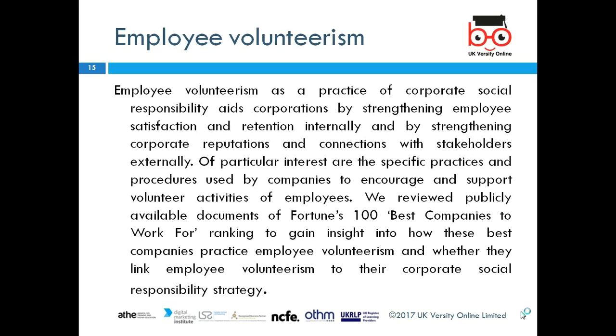And we reviewed publicly available documents for the 100 best companies ranking to gain insight into how the best companies practice volunteerism. All this we need to look at very closely.